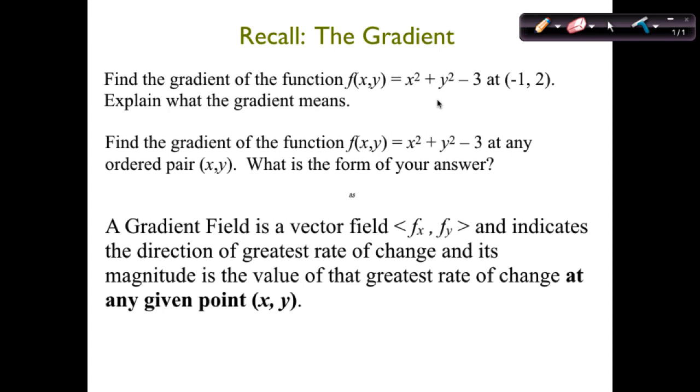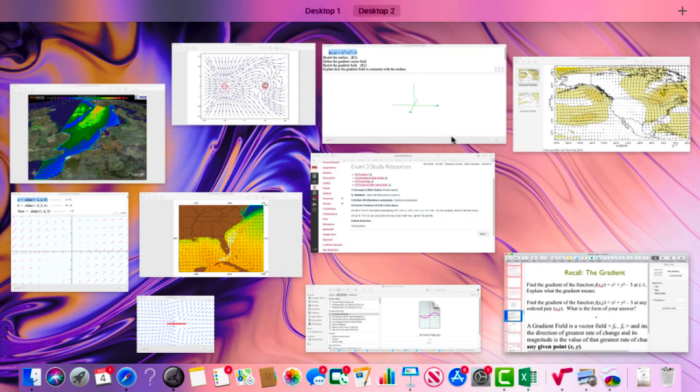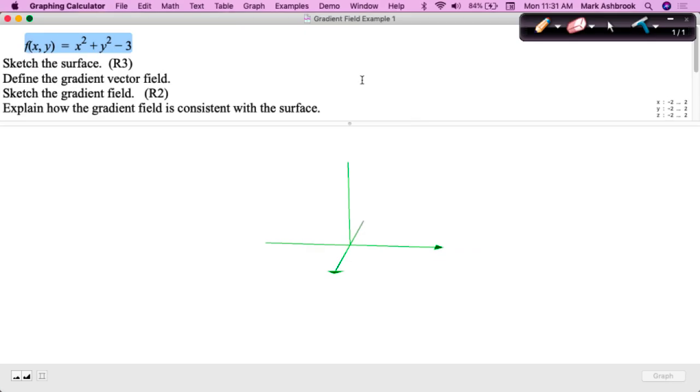So let's look at an example here. We'll look in 3D. All right, so sketch the surface to find the gradient field. We already did that. And then you're going to sketch the gradient field.